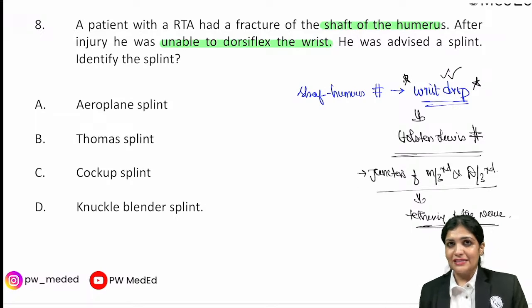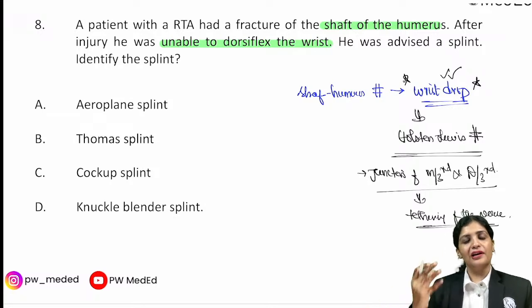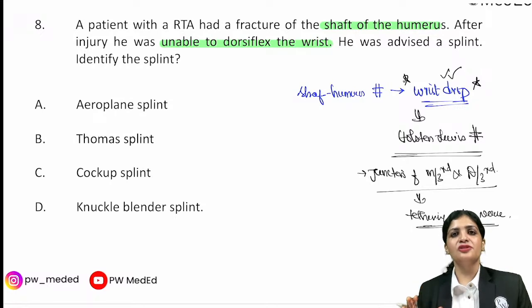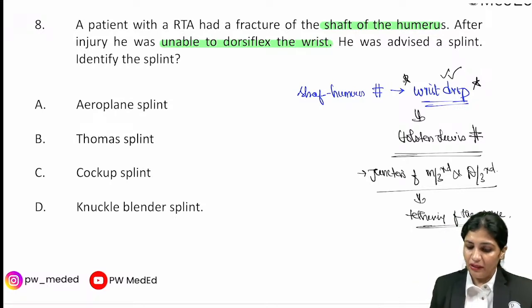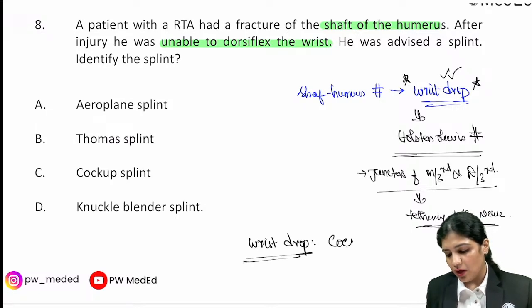So what is this splint which you use for preventing the tendons from entering into contractures, right? We have already discussed why we are using splints. Splints are used to put these tendons in a functional position. Here the wrist drop is treated with which splint? That is the cock-up splint.